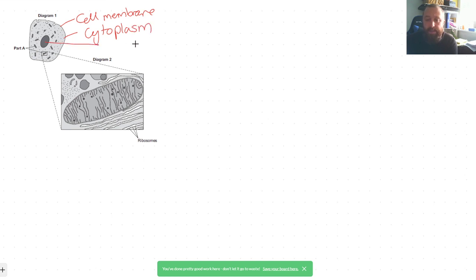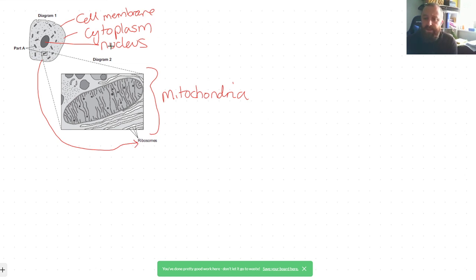We've got a nucleus. This one's already been identified, or it's been diagrammed here. We've got our mitochondria. And these little dots here are the ribosomes.